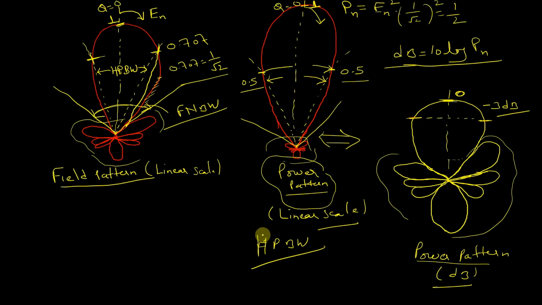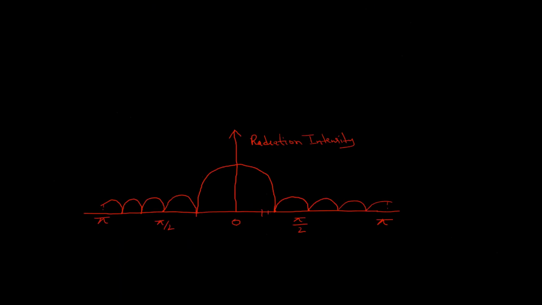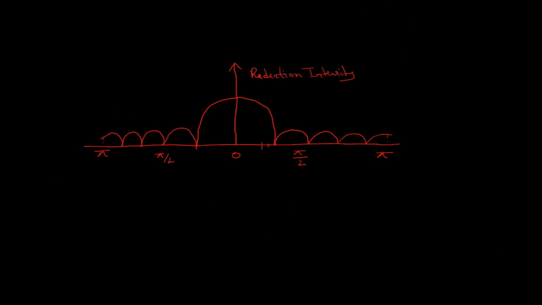Okay, so now if we plot it in a simple scale, this is the linear plot of power and associated lobes and beam width.